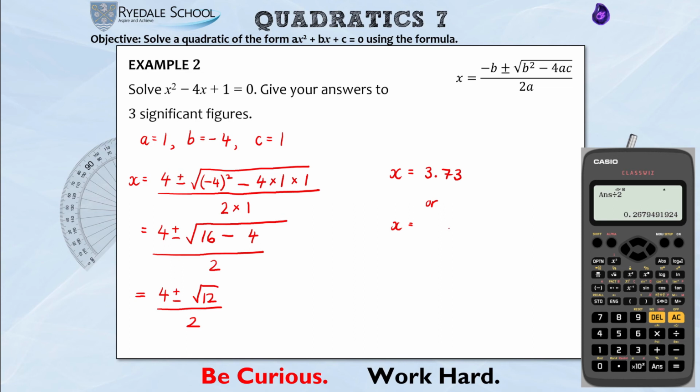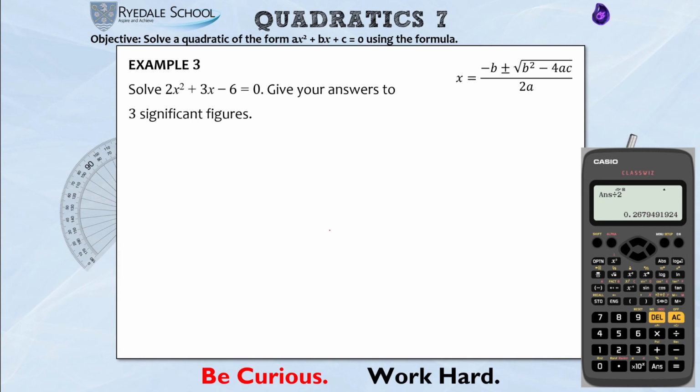My 3 important numbers are 267, so 0.267, but after the 7 it is a 9. That is 5 or more, so I need to round this one up to 0.268. So look at these numbers. They might have a different number of decimals, but they are both rounded to 3 significant figures.